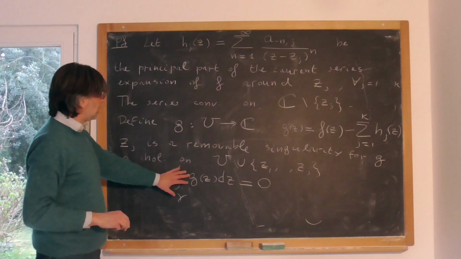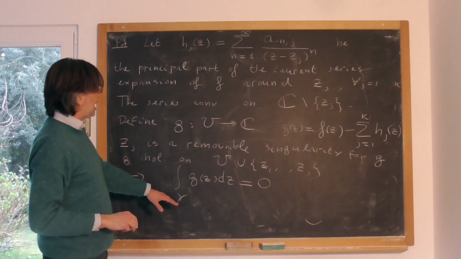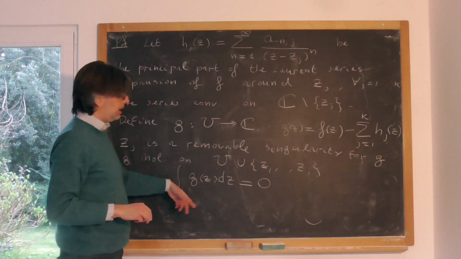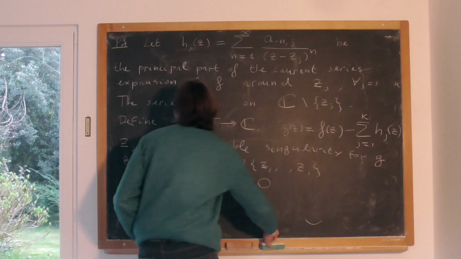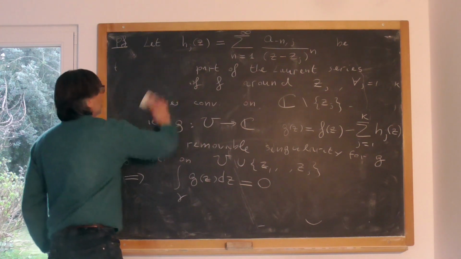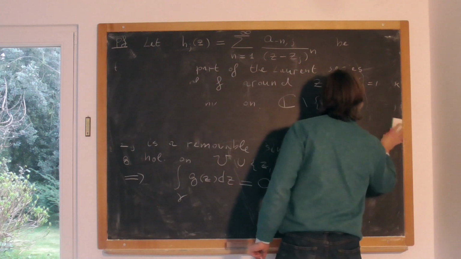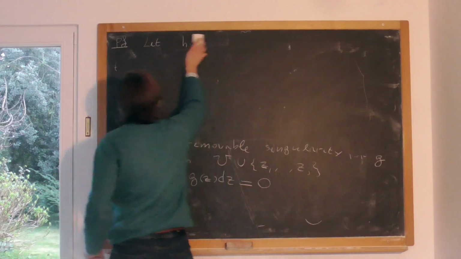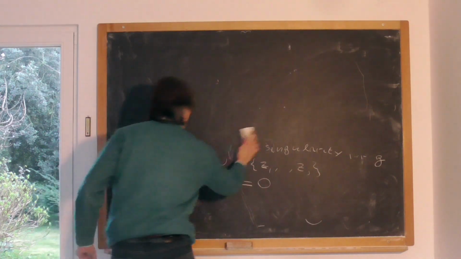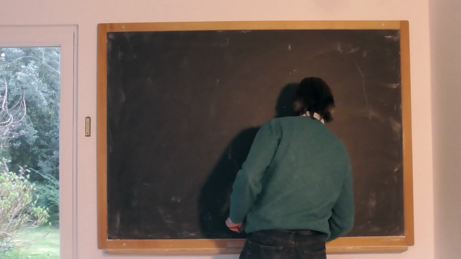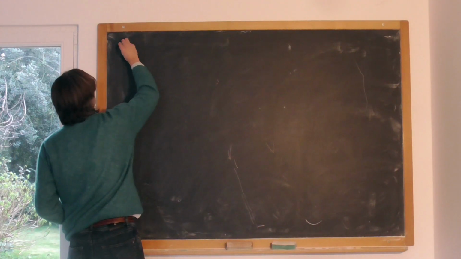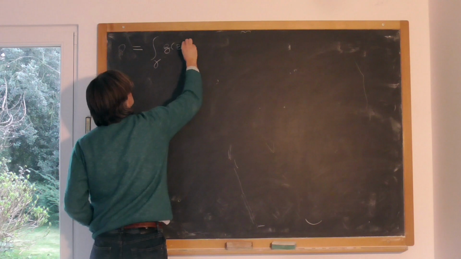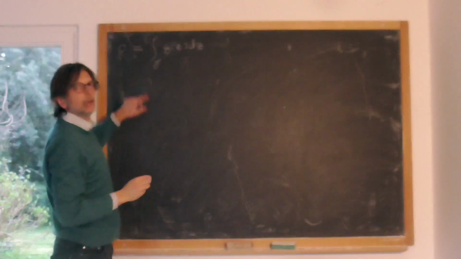Okay. And now we know that this is 0, but we also have this identity, so we will now express this integral using this identity. And this will lead to the result. So, what we just proved is that the integral over gamma of G(z) is 0.